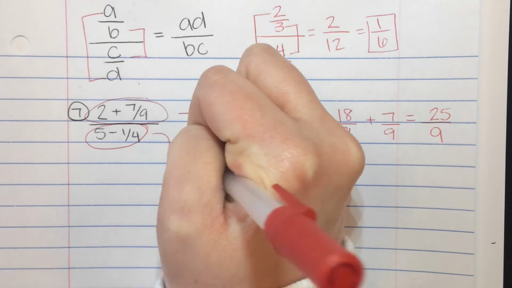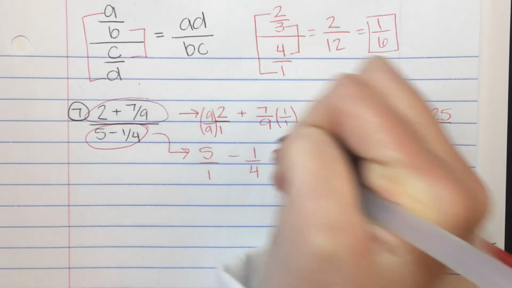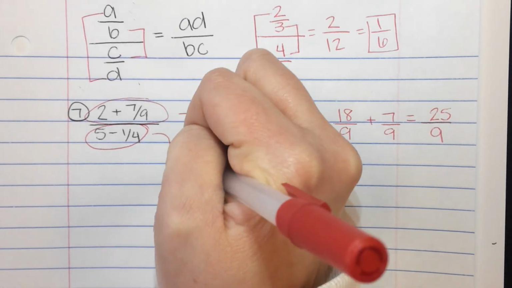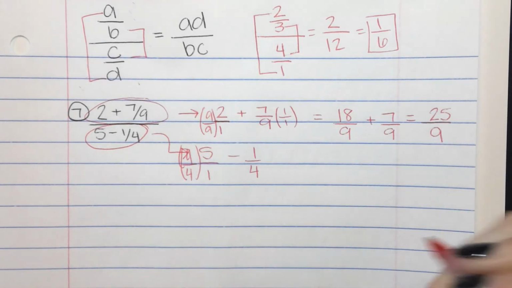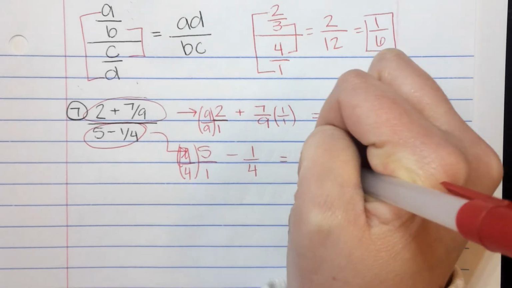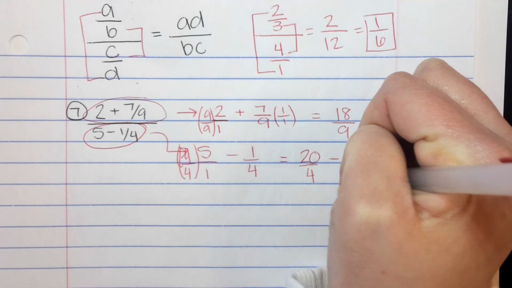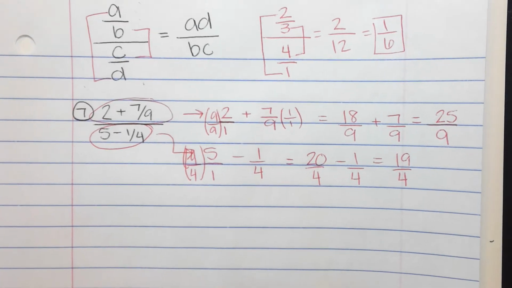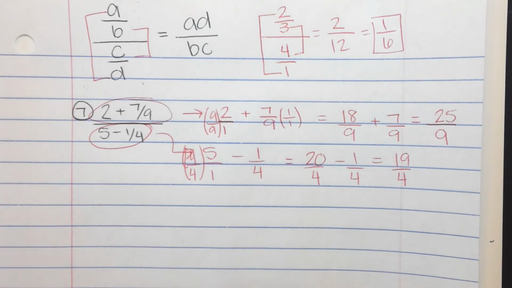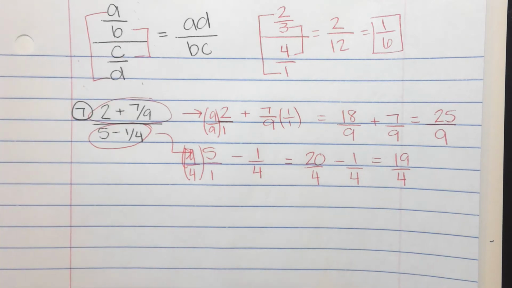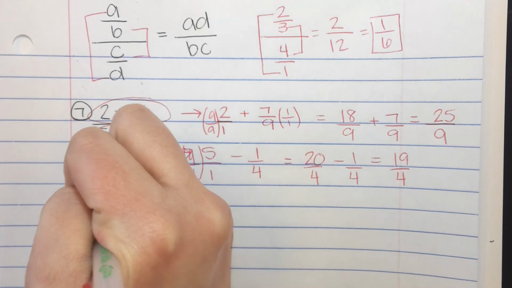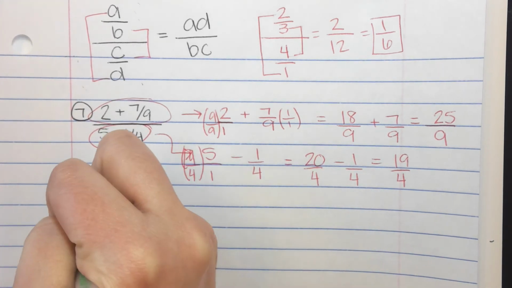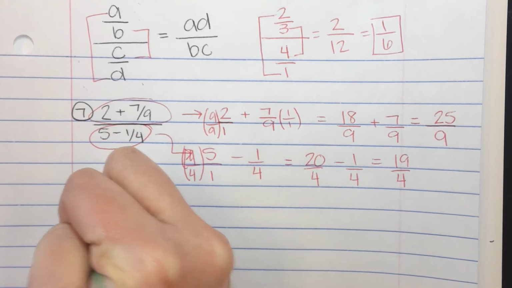Now I'm going to do the bottom. 5 over 1 minus 1/4. Again, if I multiply by 1, it doesn't do anything, so I'll just multiply this side by 4 over 4. That gives me 20 over 4 minus 1 over 4, which gives me 19/4. Now I've got the top and the bottom simplified. We're going to go back to this form: 25 over 9 divided by 19 over 4.